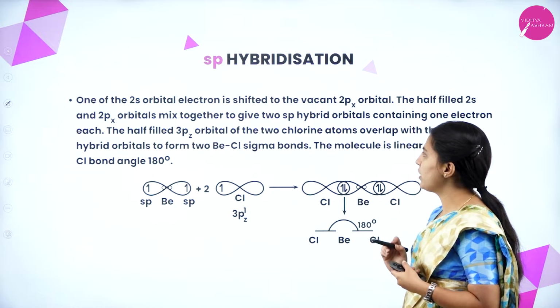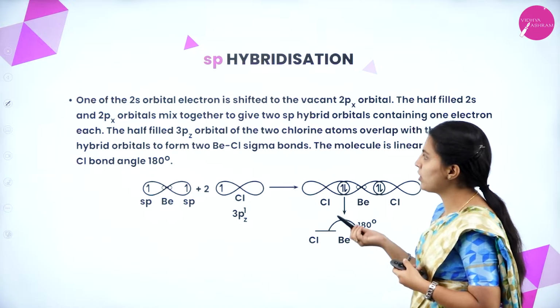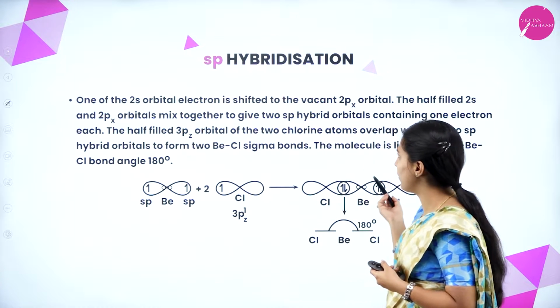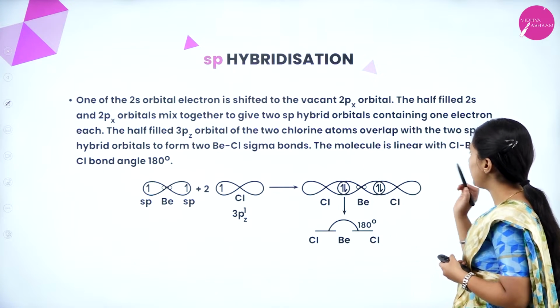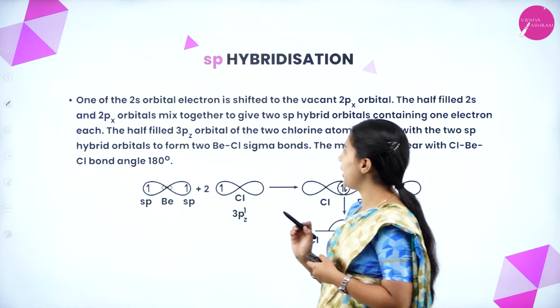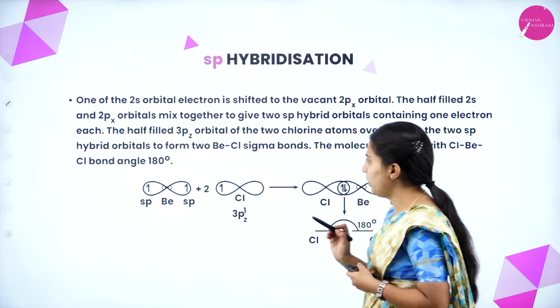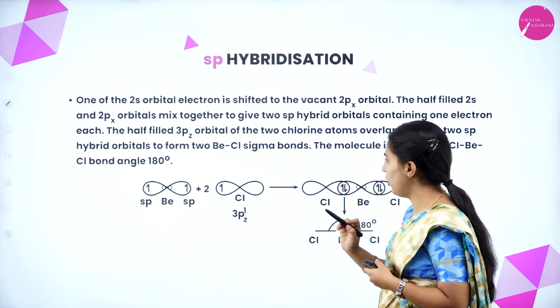One of the 2s orbital electrons is shifted to the vacant 2px orbital. The half-filled 2s and 2px orbitals mix together to give sp hybrid orbitals containing 1 electron in each. The half-filled 3pz orbitals of the 2 chlorine atoms overlap with the sp orbitals to form Be-Cl sigma bonds.